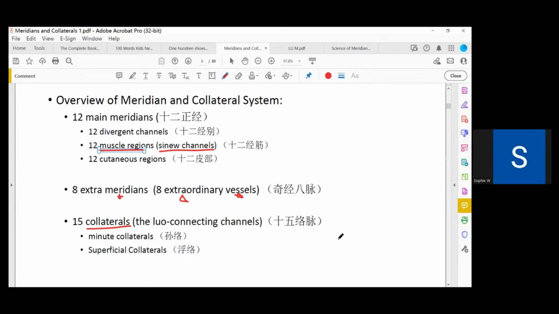So it's like this. That's the main meridian. We have 12 main meridians, lines in the body. And there are many branches.